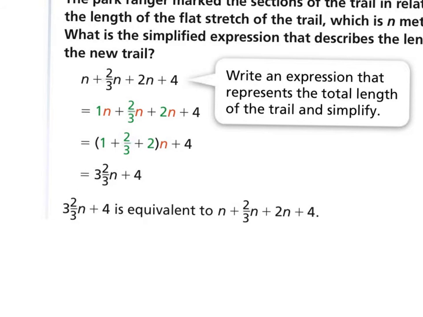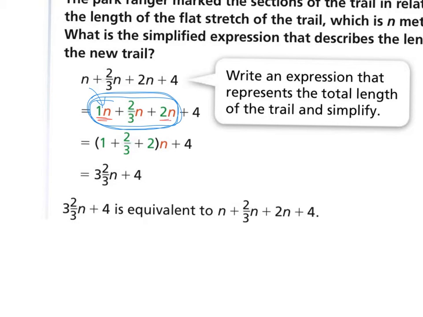So like we've been doing here, the n, we can put a 1 in front of that as 1n. And then the rest they just brought down. And then these 3 terms that have the n's we can combine together. Now again, the book kind of is factoring the n out. You don't necessarily have to do that as a separate step. What I would do here, probably combine together your whole numbers.